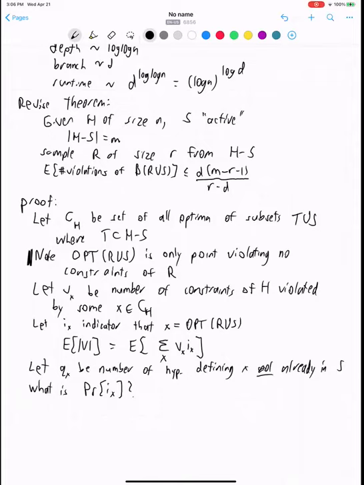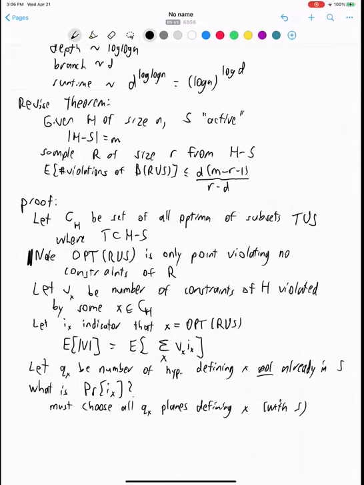You have to randomly choose all of the constraints, all of the hyperplanes defining X. Good. And that's the Q sub x that I just specified, right? So we have to choose all Q sub x planes defining X with S. Now, what else has to happen?